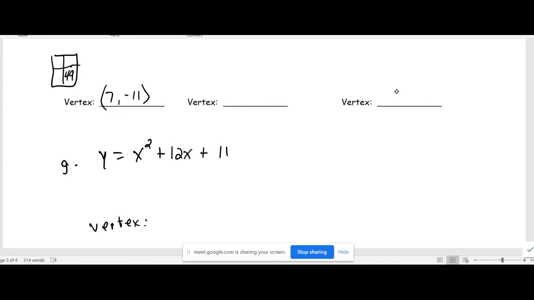And then if you're confident in that and we're still waiting, go ahead and see if you can do the next one where there's a fraction or a decimal involved. Do one more nice one.